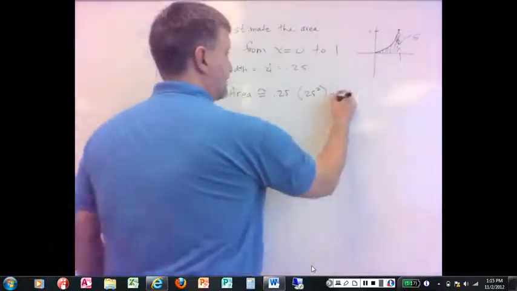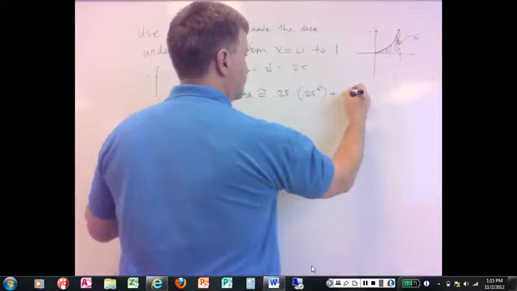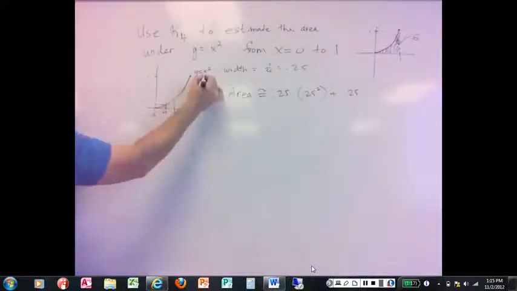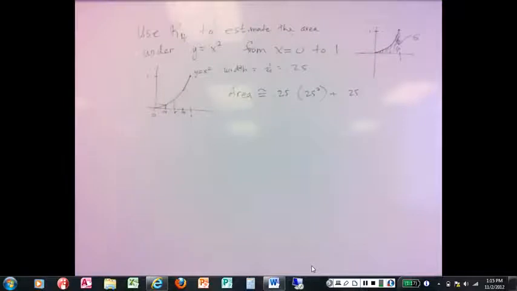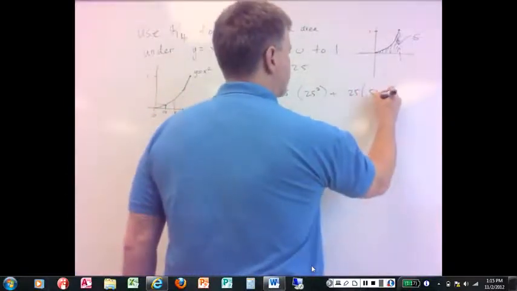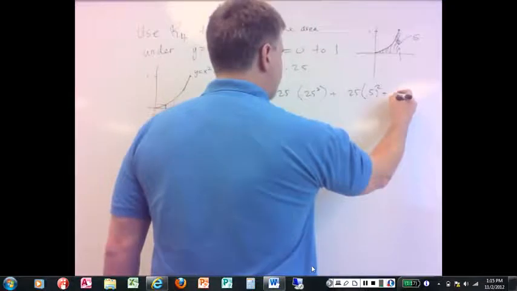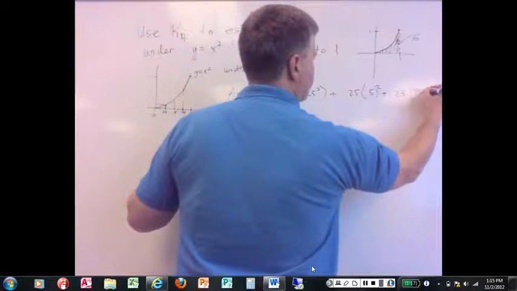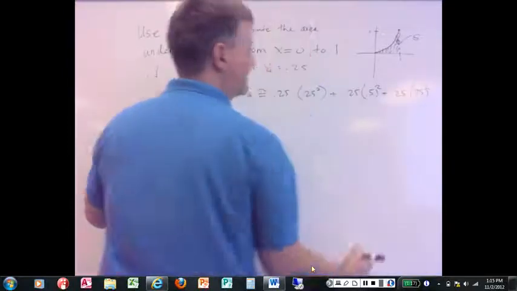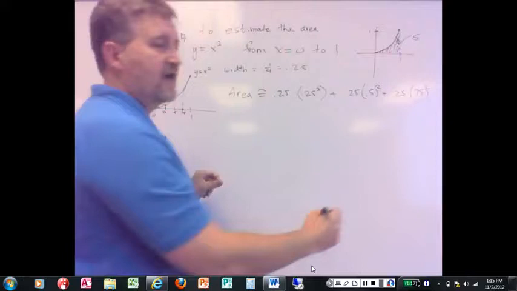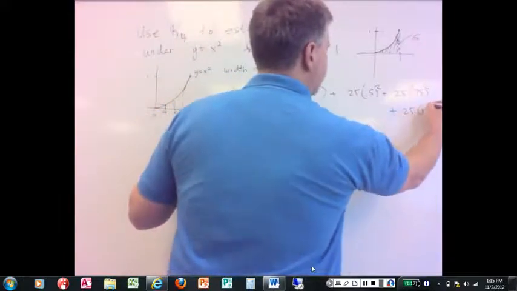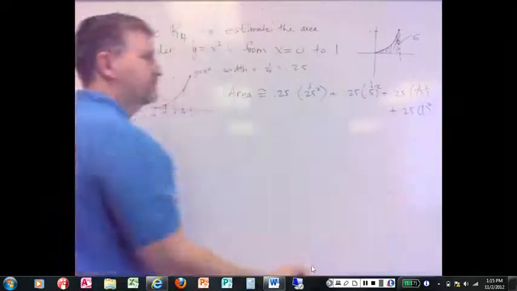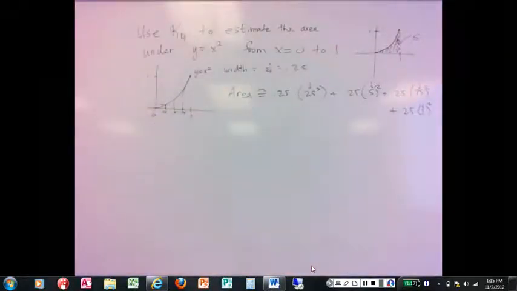Then the second one is 0.25 times the height at 0.5. I know precisely, because the height is x squared, so it's 0.5 squared. Then the third one would be the width, 0.25, times 0.75 squared. These are longer decimals, so that's why I'm not writing them out. And then the last one would be 0.25 times 1 squared, wouldn't it? I'm just plugging in each time. I can plug the x value into the function and get the height precisely.